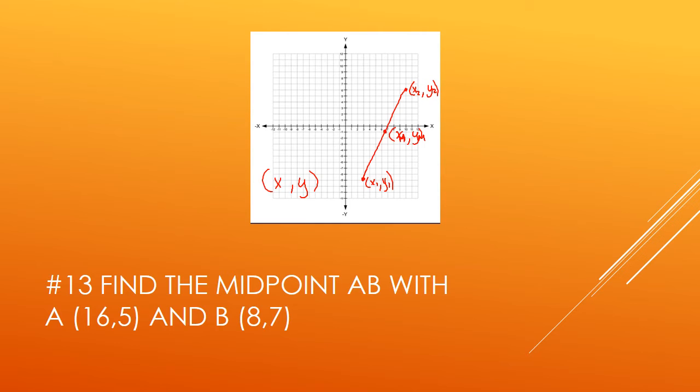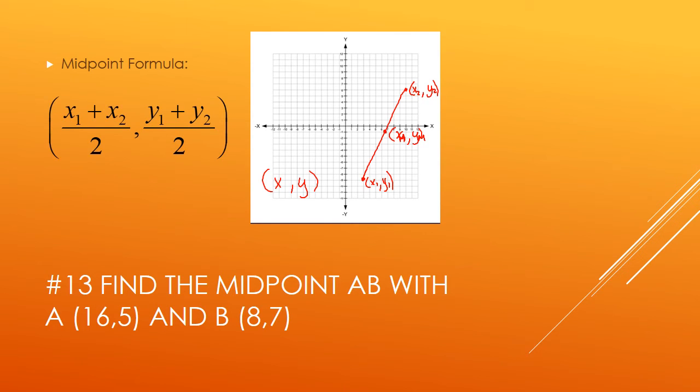Okay, so we have a formula to find this value because it's not very easy to measure the distance. So the midpoint formula is x2 plus x1 divided by 2, comma, y1 plus y2 divided by 2. See, this is my xm and my ym, my midpoint values. It's an ordered pair as well. It needs parentheses and a comma to be correct.